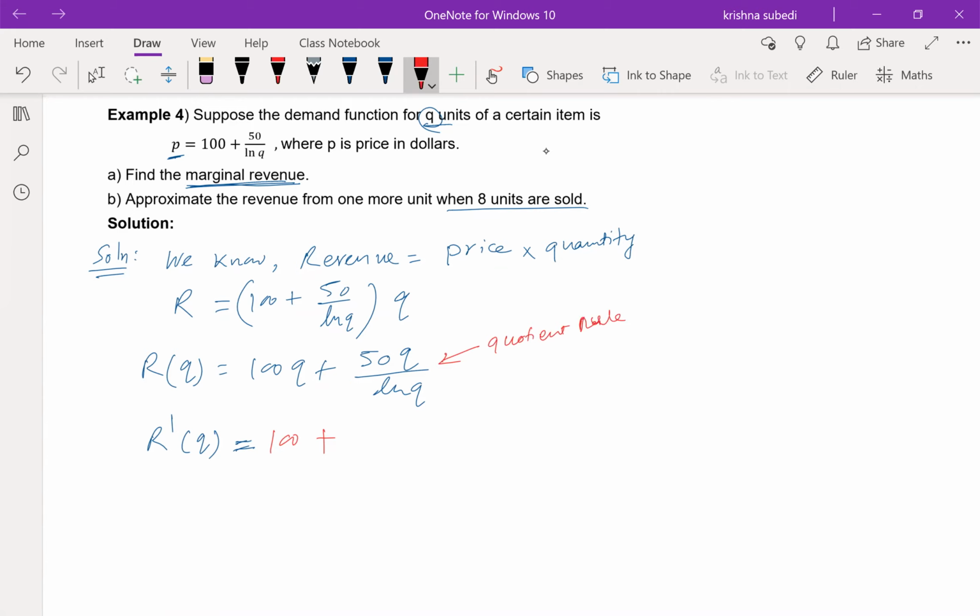So what I do is I will just find the derivative of this part here and copy the rest later. So d over dQ of 50Q over ln Q. This is your u, this is your v. We know the formula: u prime v minus u v prime over v squared.